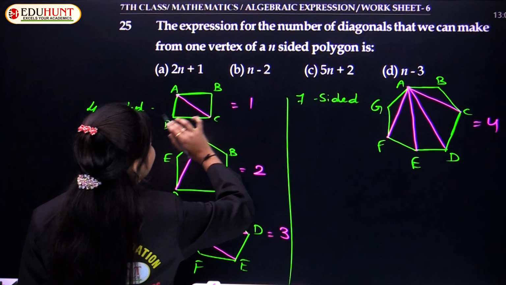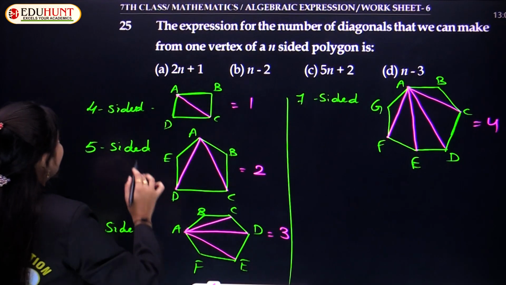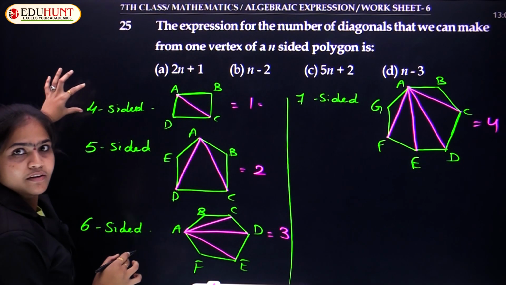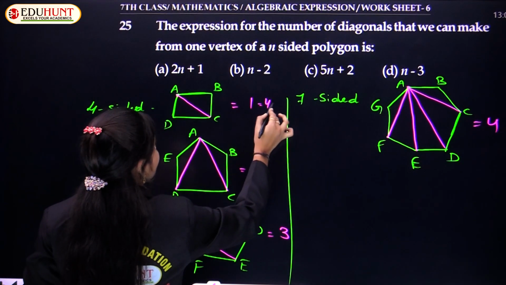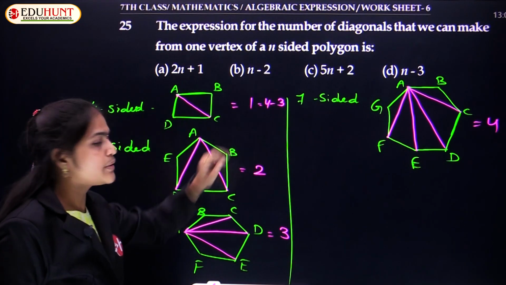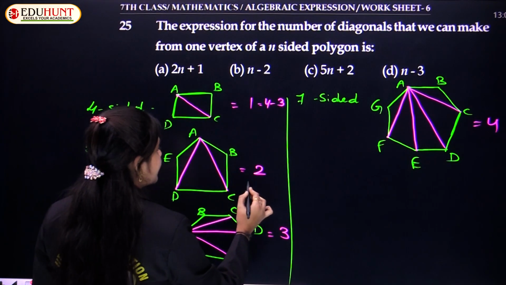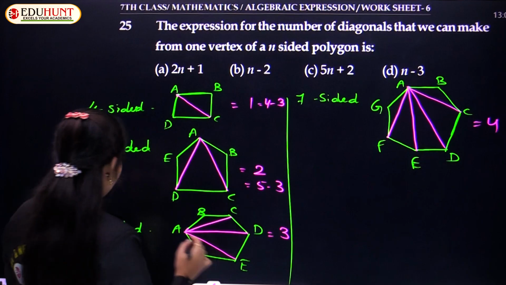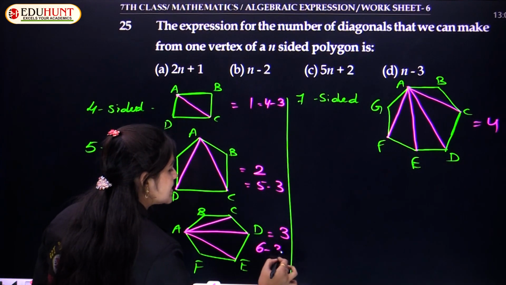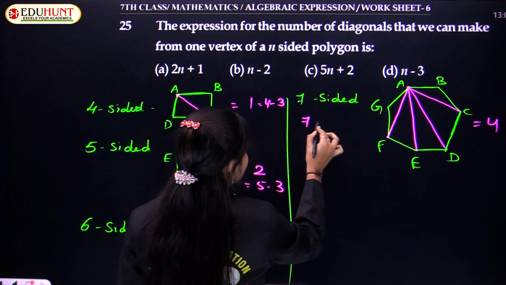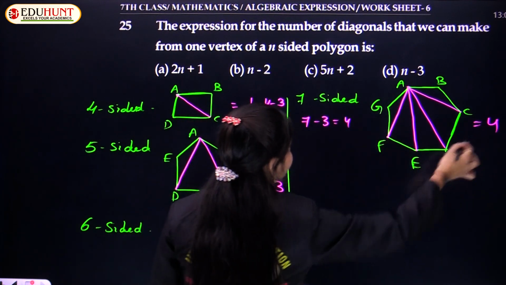As per this, n minus 3: for 4 sides, 4 minus 3 is equal to 1, and 5 minus 3 is 2. A 6-sided figure, 6 minus 3 is 3, and a 7-sided figure, 7 minus 3 is equal to 4.